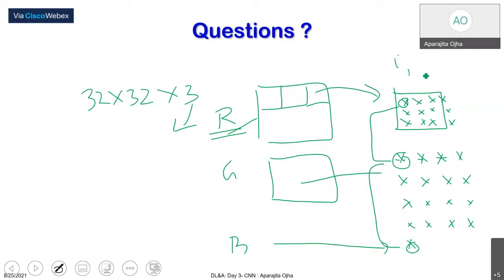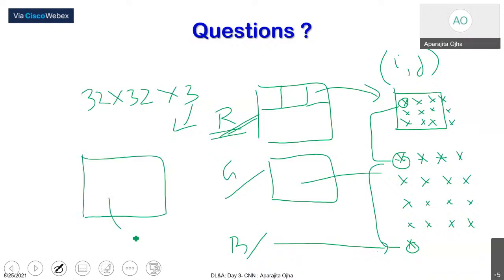The ijth value of the R channel convolution output, G channel convolution output, and B channel convolution output will all be added to give you one single output, that is the feature map for one filter, the filter that I am applying. And if there are 16 filters, then there will be 16 of these.